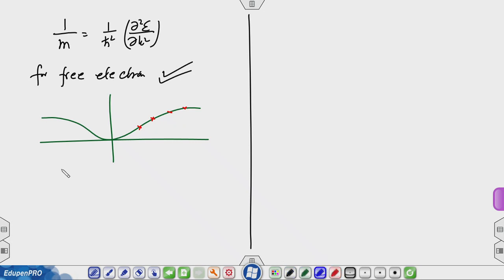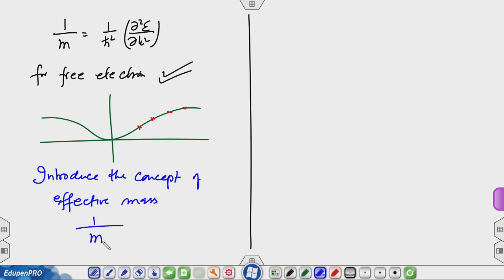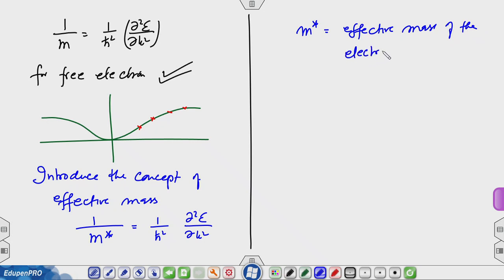So, this is called introducing the concept of effective mass, and call this 1 over m star is equal to 1 over h cross square d2E by dk square, where m star is the effective mass of the electron, of course, in the band. So, the electron responds with this kind of mass.